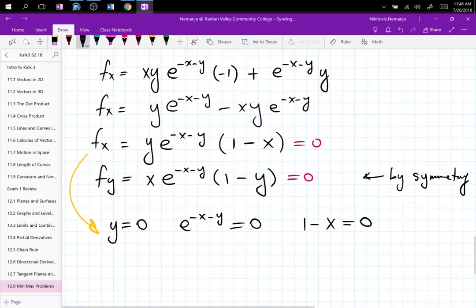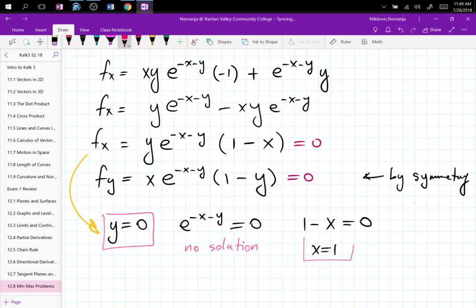Now, this one is already solved, so y equals 0, that's that. This one has no solution because the exponential function never cuts through the x-axis. So that has no solution, and clearly the one at the end is x equals 1.